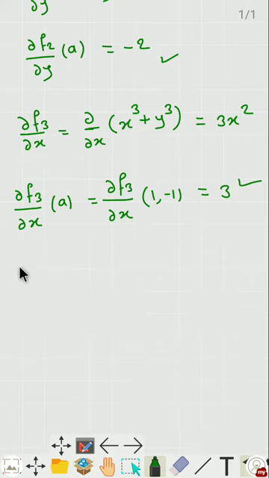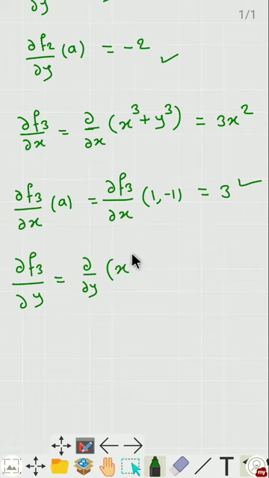Now find the partial derivative of f3 with respect to variable y. It is equal to ∂/∂y of the function f3, which is x³ + y³, and its partial with respect to y is 3y².